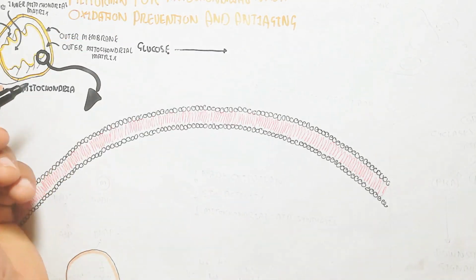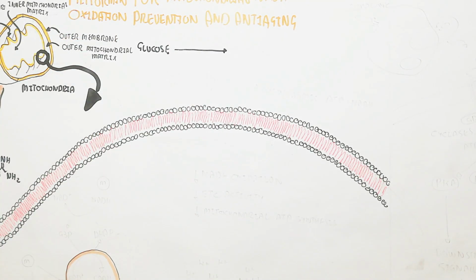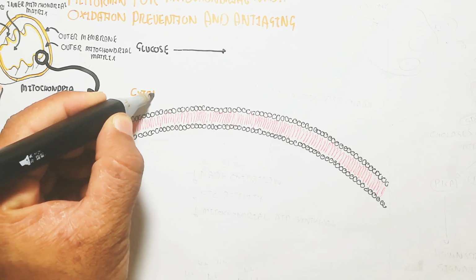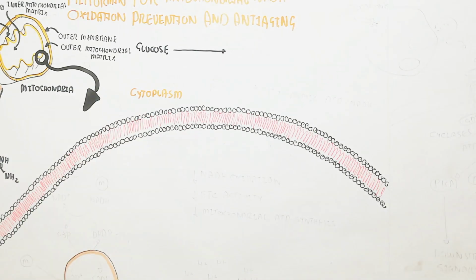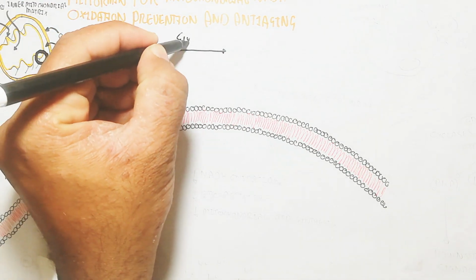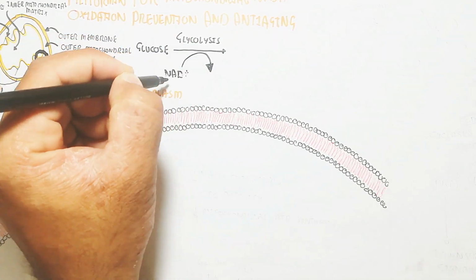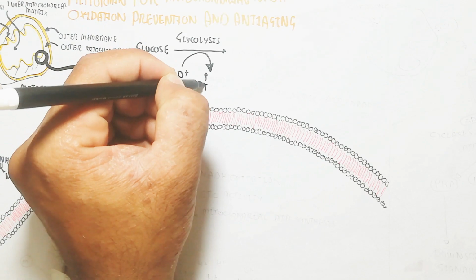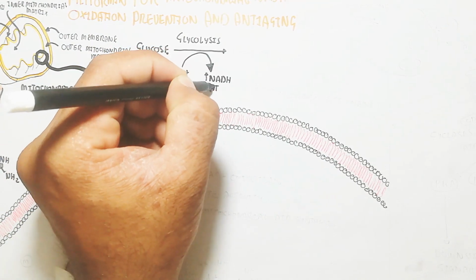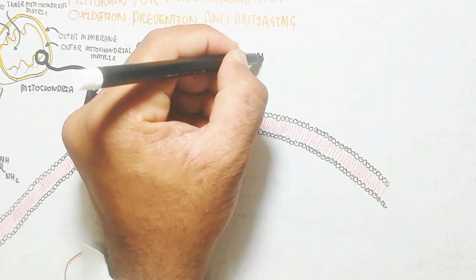This is the cytoplasm. In the cytoplasm, glucose is converted into 2 pyruvate, which is known as glycolysis, and anaerobic respiration leads to the production of NADH and ATP, increasing the cytoplasmic ATP and NADH. This is important: it happens without the use of oxygen.